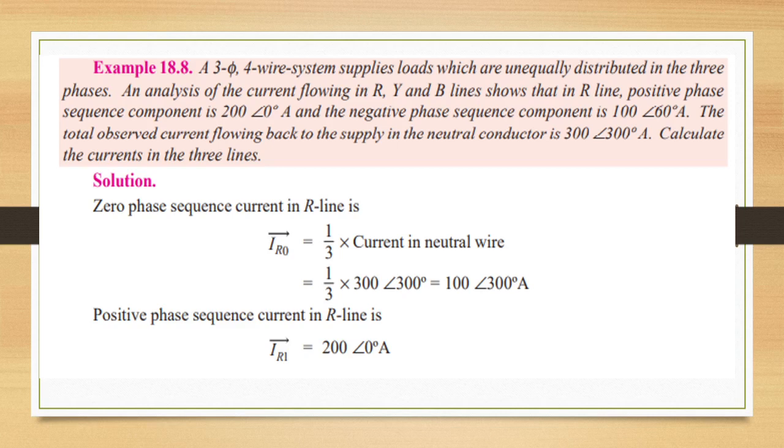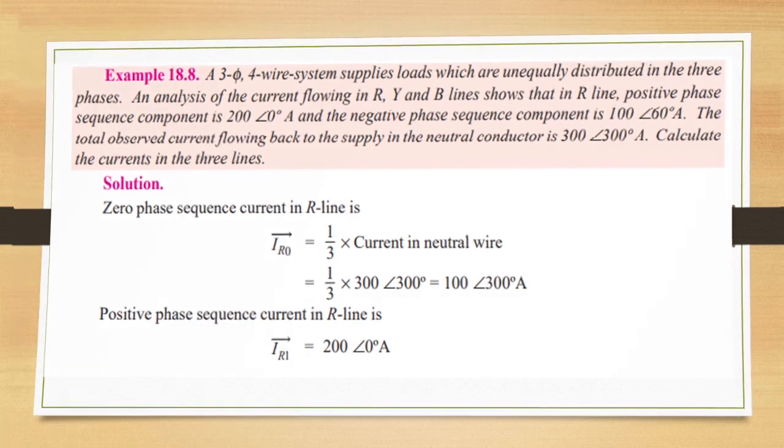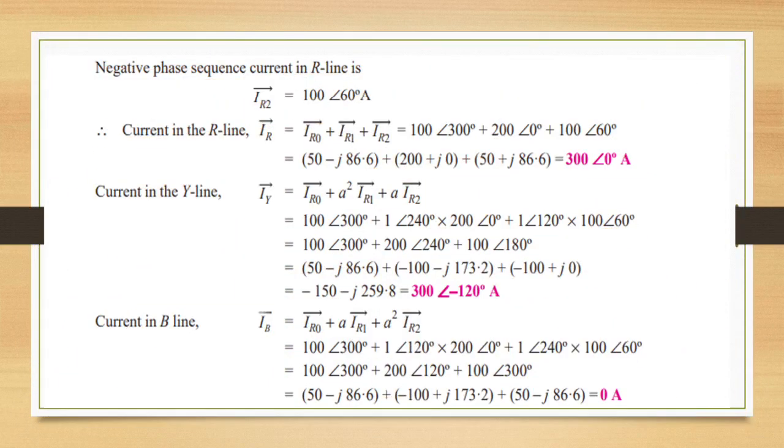Positive phase sequence current in R line, IR1, is 200 angle 0 degree ampere. Negative phase sequence current in R line, IR2, is 100 angle 60 degree ampere. Current in R line is IR equal to IR0 plus IR1 plus IR2, and after substitution in polar and converting into rectangular, we get 300 angle 0 degree ampere.